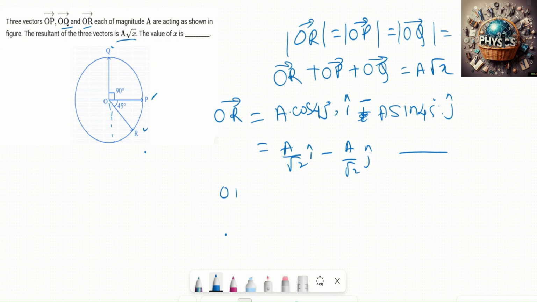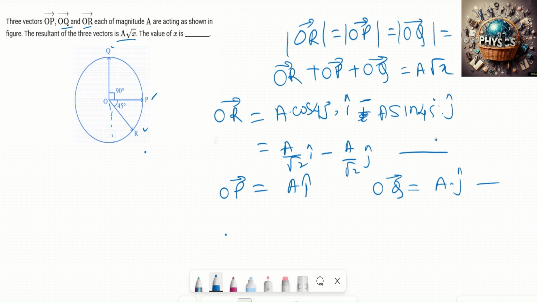For OP, it is straightforward. It has only the x component. There is no y component because it is along x. So we will say A into i cap, and for OQ, this is A j cap. Fine.